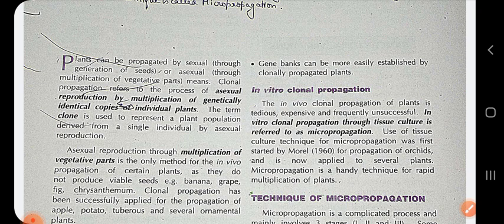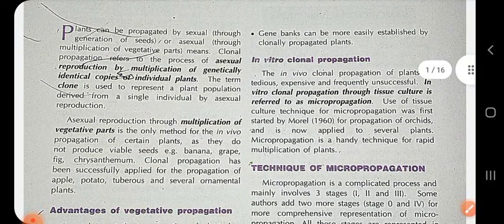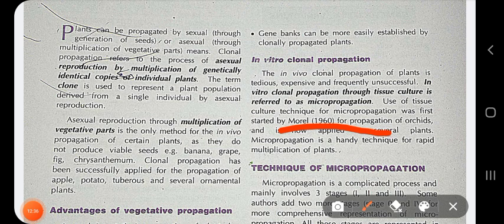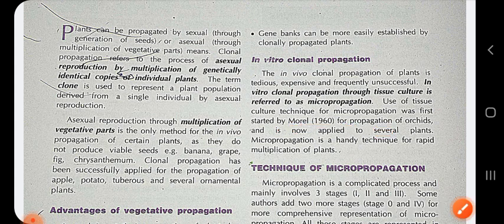Now, this micropropagation technique was first started by Morel in the year 1960. He first used this technique in orchid plants, which are a type of ornamental plant, and now it is applied to several plants of commercial importance. Micropropagation is a handy technique used for rapid multiplication of plants.